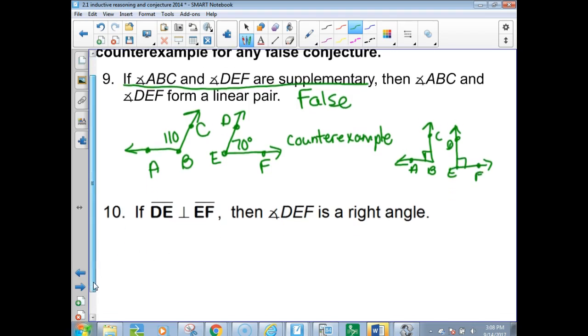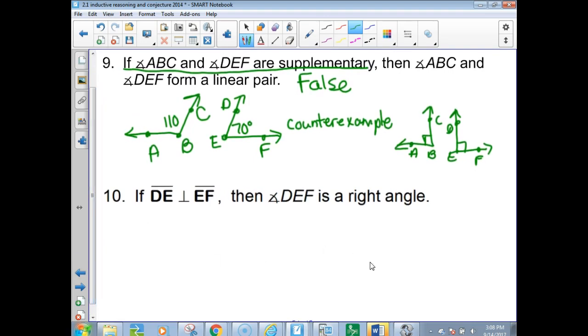Okay, about number 10. I have to draw segment DE perpendicular to EF. All right, so I'm going to make a segment DE. And then I'm going to make a segment EF so that they make a right angle, because that's what perpendicular means.